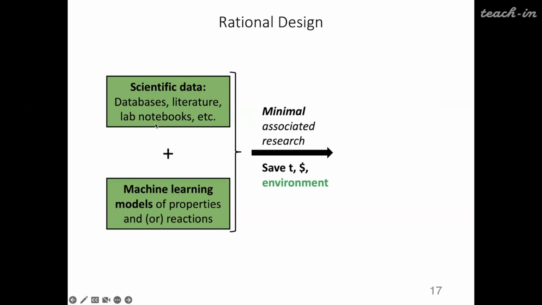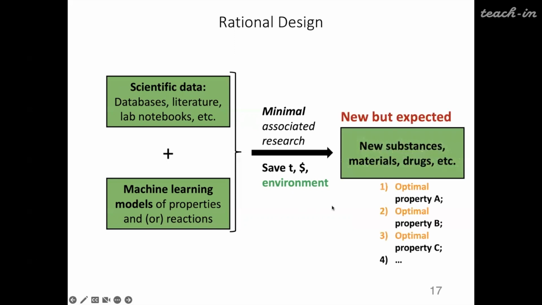Don't underestimate lab notebooks with machine learning models. So we aim to propose new substances, materials, drugs, etc., with optimal properties. And we aim to save money, time, and potential environment.